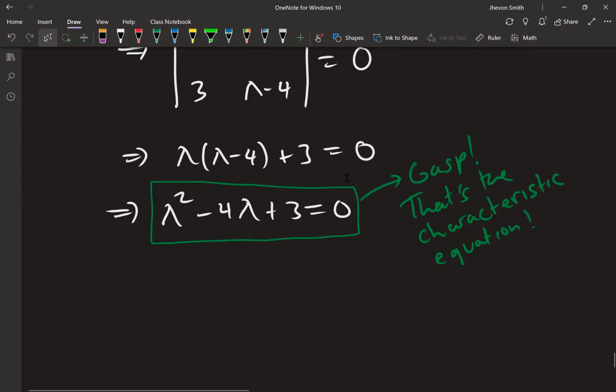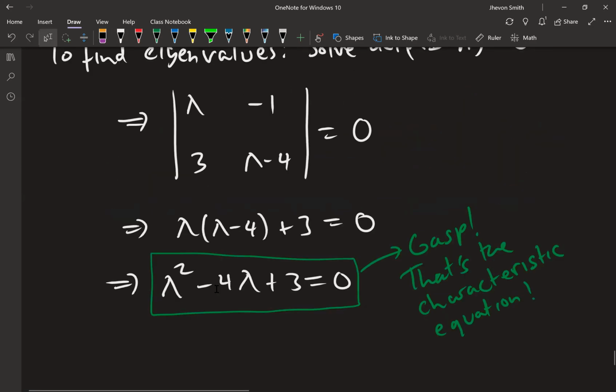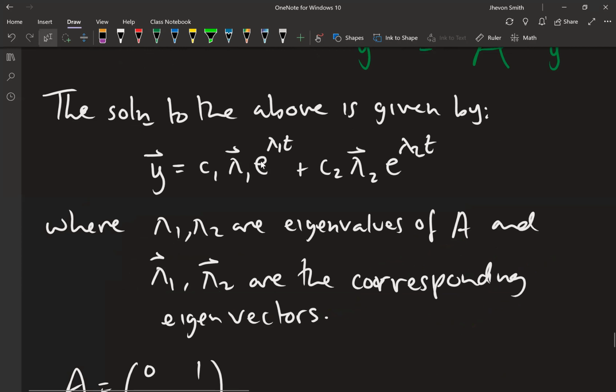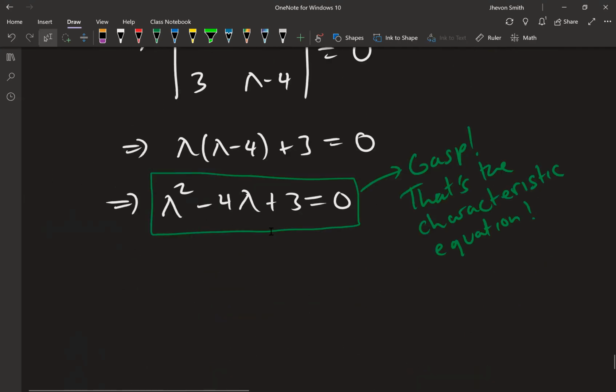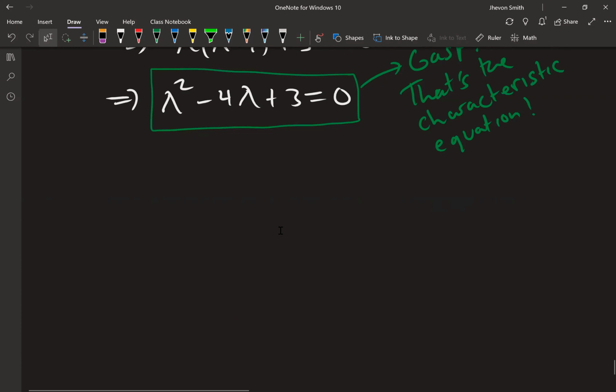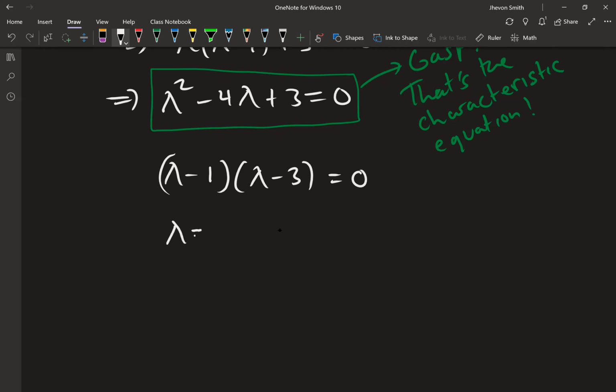Now you can see the solutions to this are the guys that I'm going to plug into the powers of the exponential. And now it makes sense where those guys are coming from, hopefully in hindsight, if you go back and reread the notes that I have here very slowly. So here we would try to solve this, I think 1 and 3. So we get lambda equals 1, that's one solution, and the second solution is lambda equals 3.